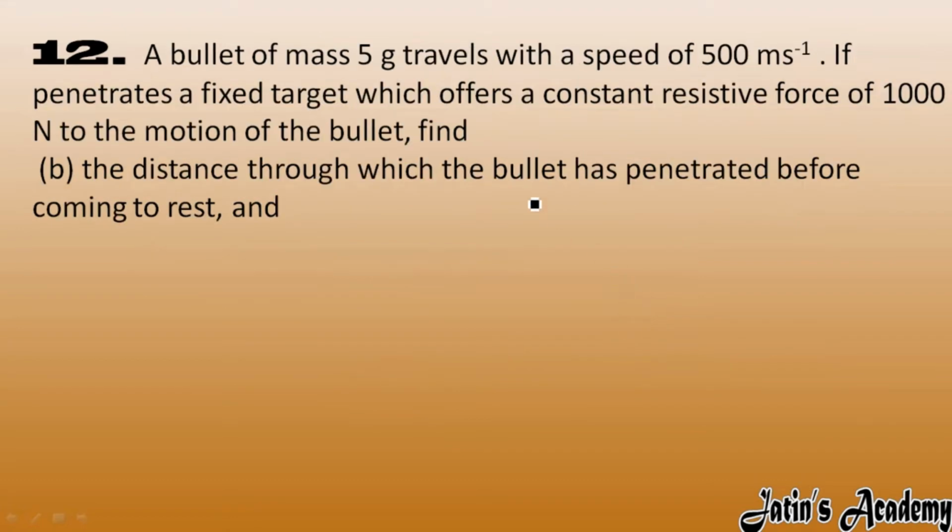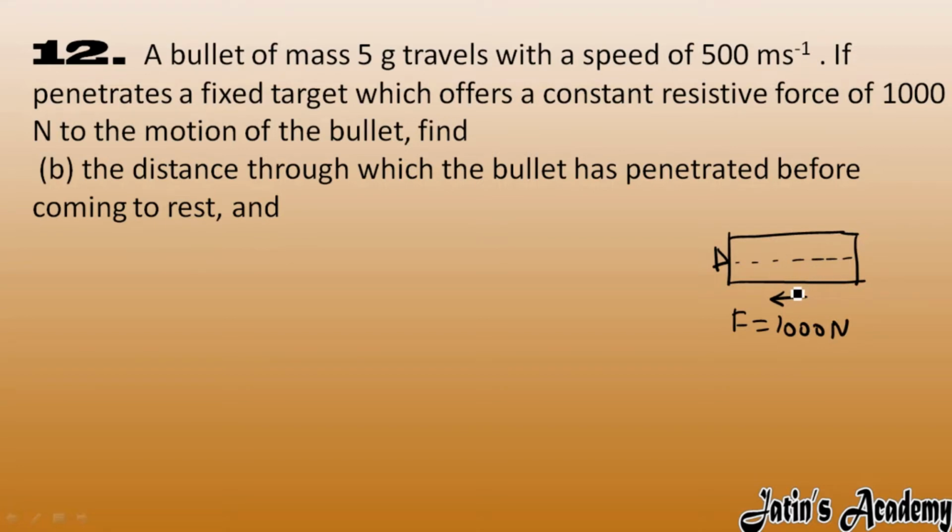Next we have to calculate the distance through which the bullet has penetrated before coming to rest. This block is decreasing the speed of the bullet. Now we have to calculate, when the bullet enters, how much distance is traveled by the bullet before coming to rest. Carefully see. This block is applying a resistive force of 1000 Newton, which means this block is decreasing the energy.